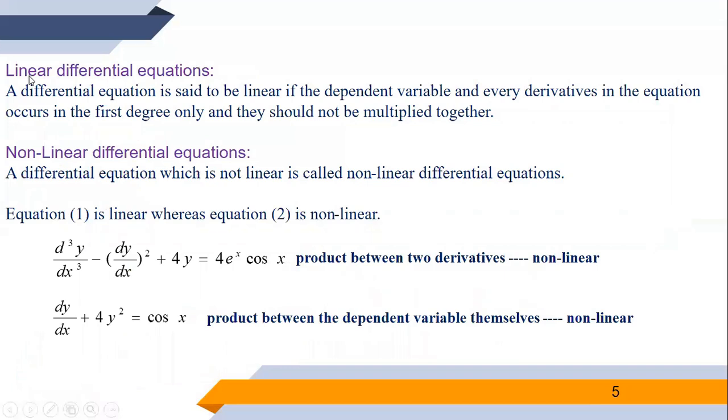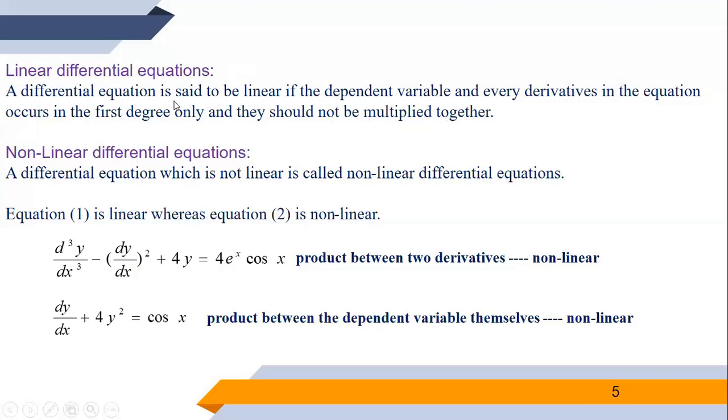Now next, linear differential equation. A differential equation is said to be linear if the dependent variable and every derivative of the equation occur in the first degree only, and they should not be multiplied together.